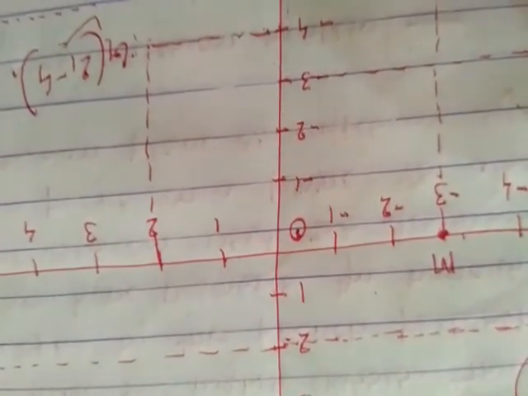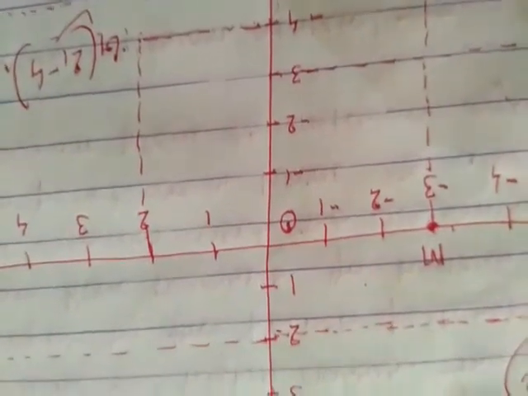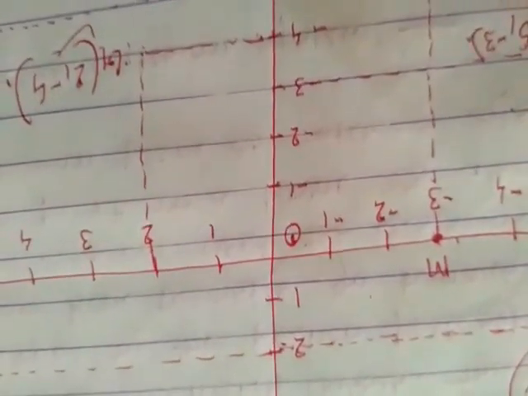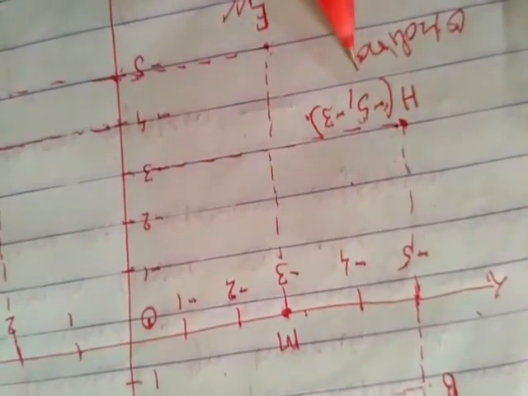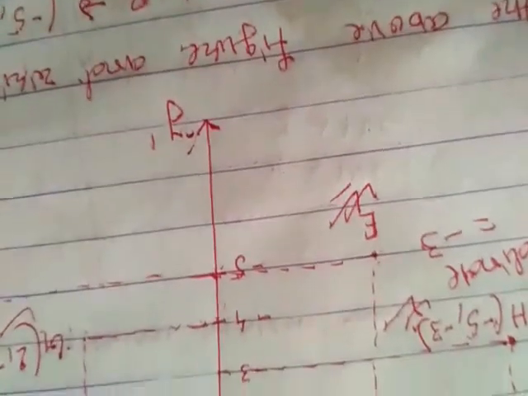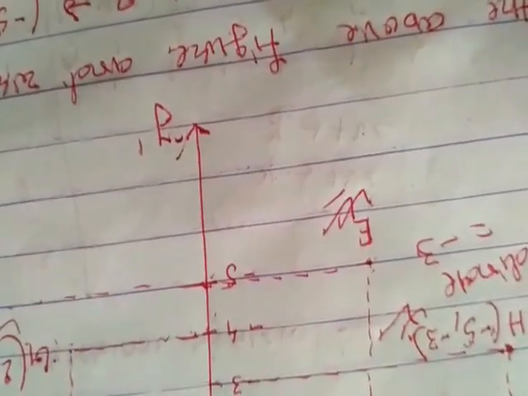Ordinate means the y coordinate. So its coordinate is minus 5, minus 3, and its ordinate will be minus 3. That is the y value, and it becomes the ordinate.